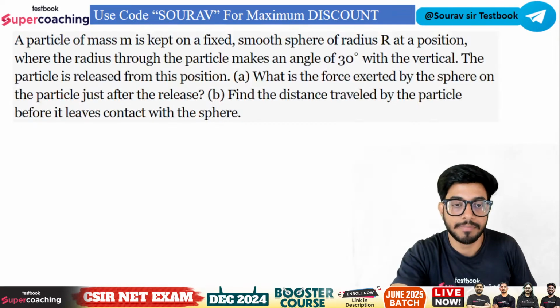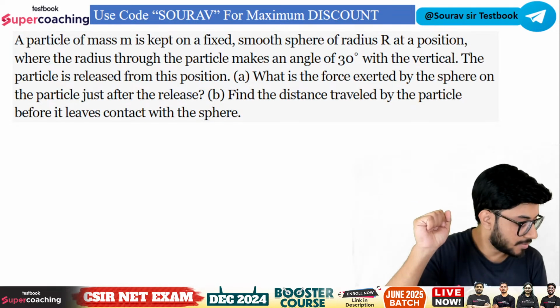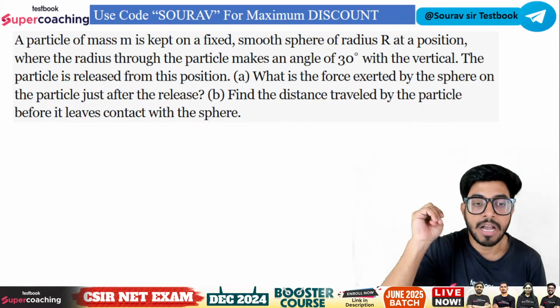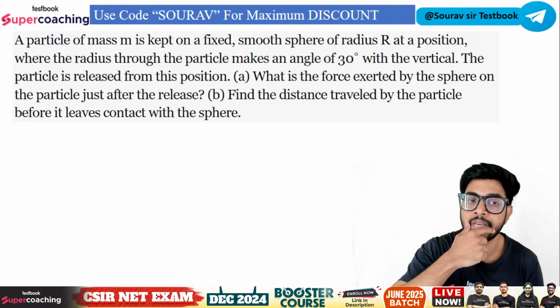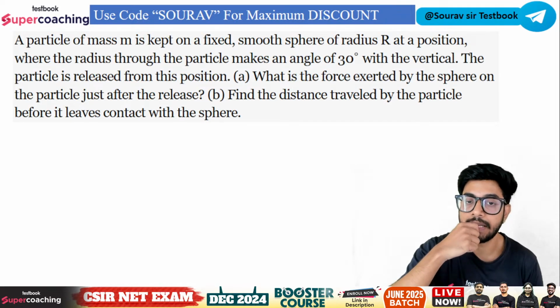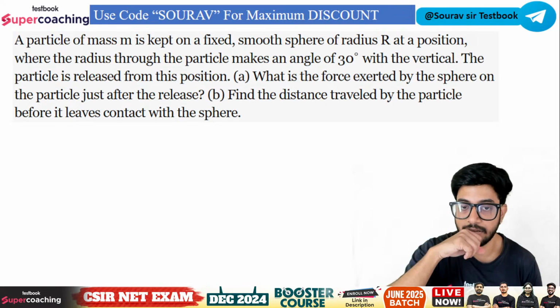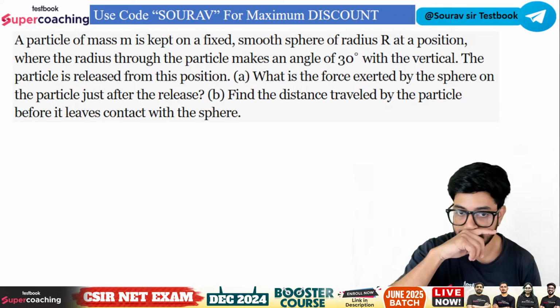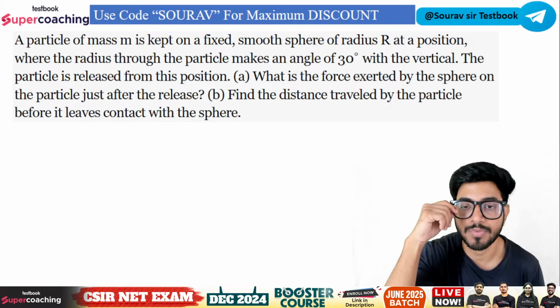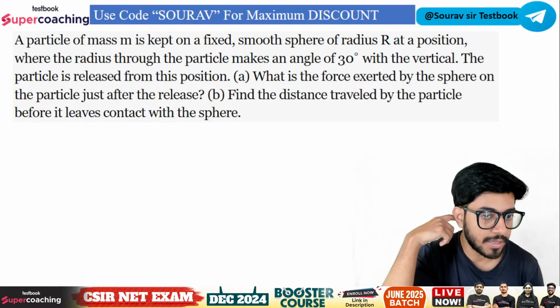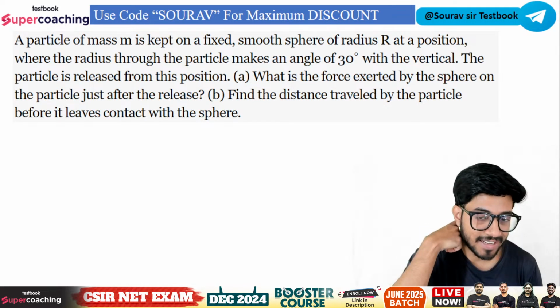Okay, everyone, please pay attention to this question. What was said in the question? A particle of mass m is kept on a fixed smooth sphere of radius r at a position where the radius through the particle makes an angle 30 degree with the vertical.